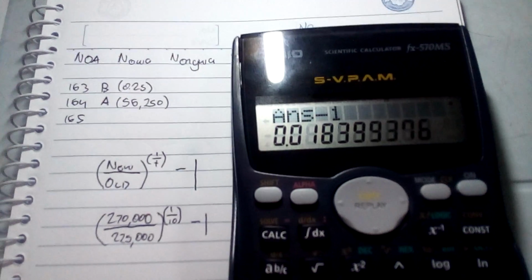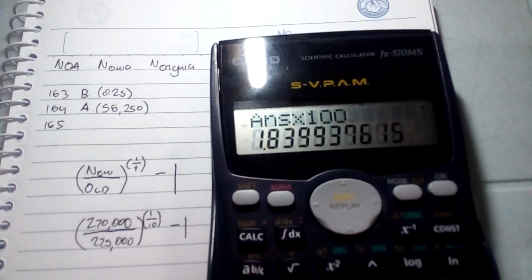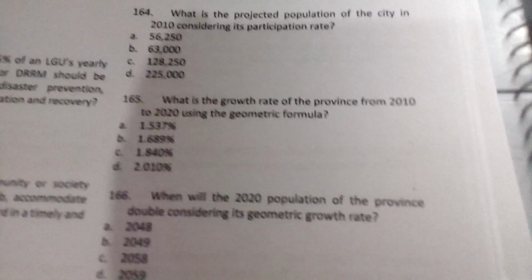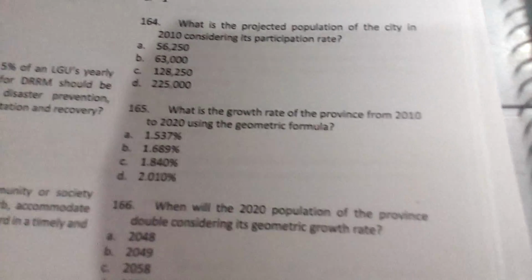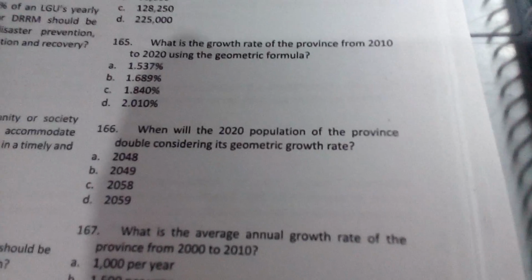That should be the decimal representing the percent, so multiply that by 100. So we have here 1.839, which if we look at the possible choices, the closest would be C, 1.840. So 165 would be letter C, 1.840%.